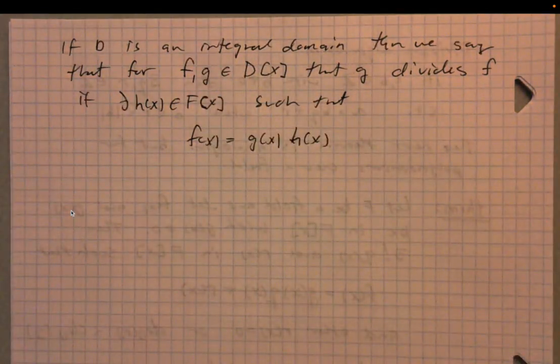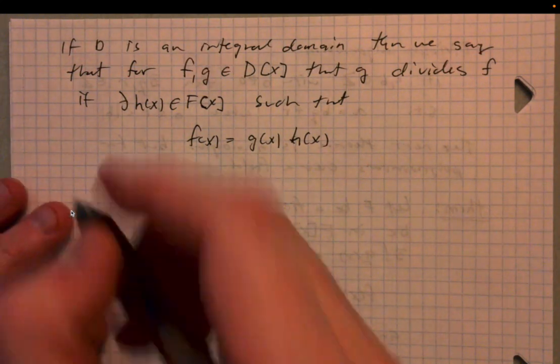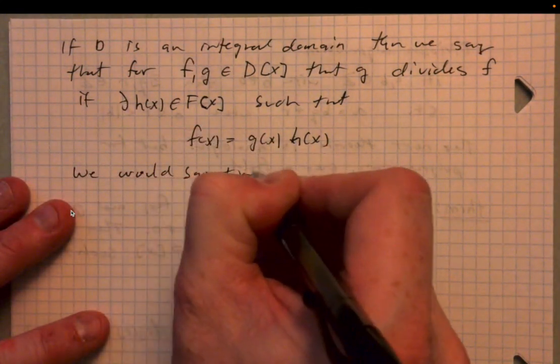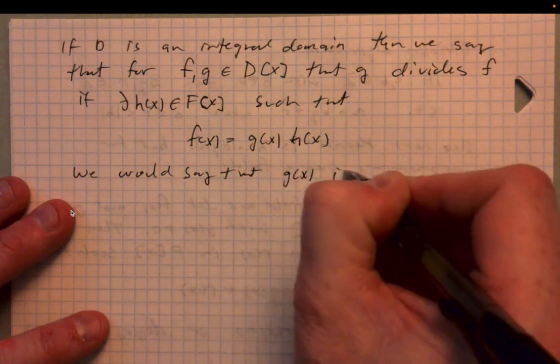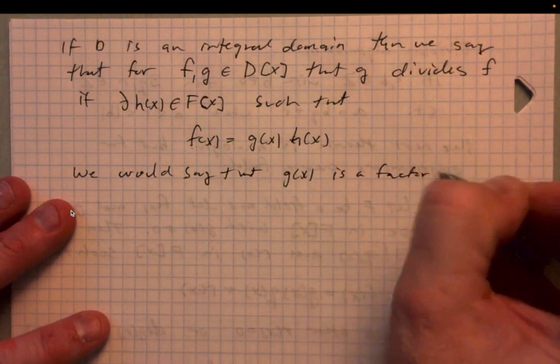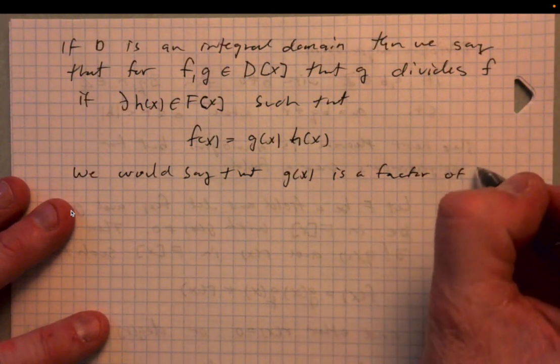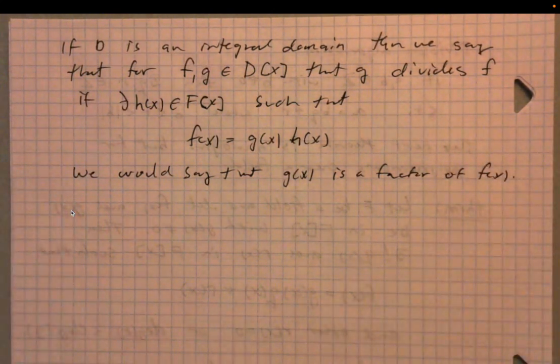Basically the r of x is 0 in the division algorithm. And in this case, we would say that g of x is a factor of f of x.